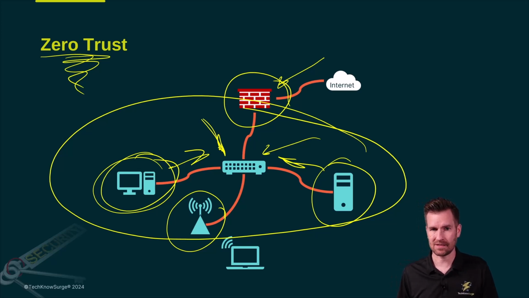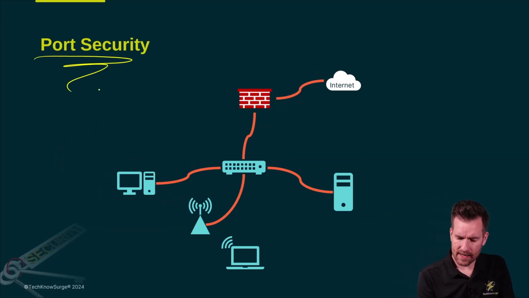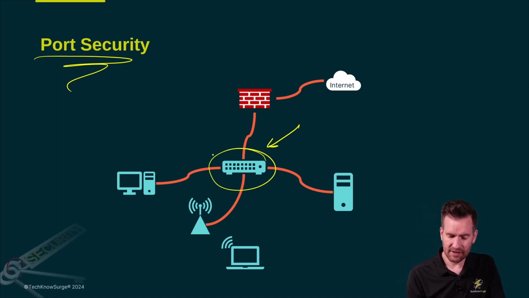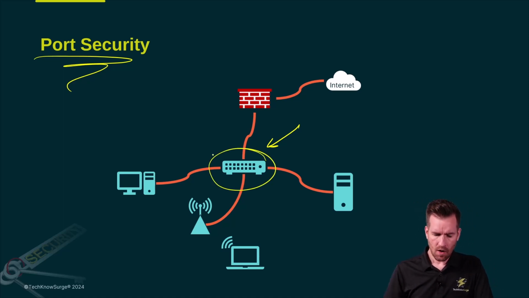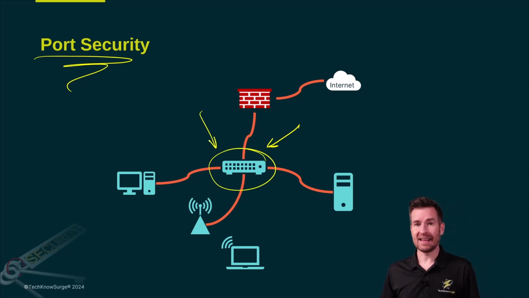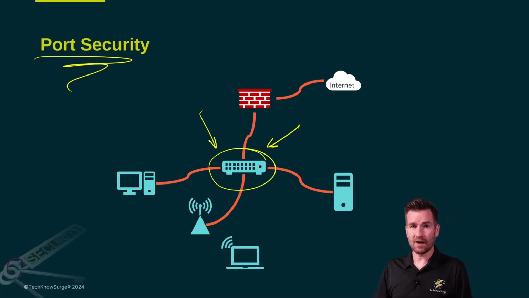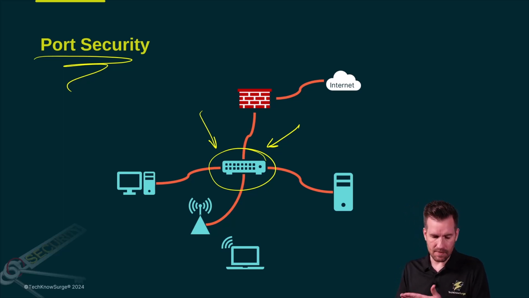Port security is something that we can implement on a switch to verify whatever is connected into that switch. The switch could be placed in an insecure environment, but even if it's placed in a secure environment, you never know who is going to be able to break into that environment and then have access to your network by plugging in.